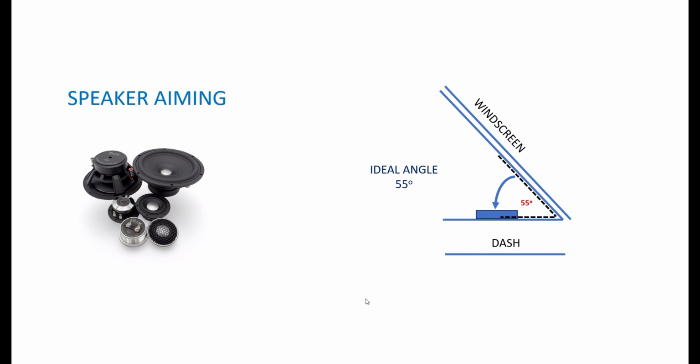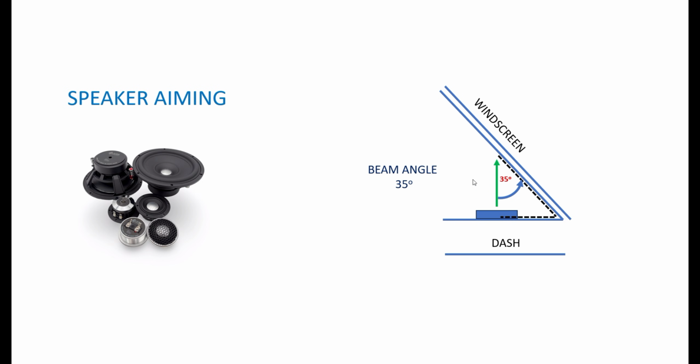Well, the ideal angle is if you look at your windscreen versus the mounting plate of the speaker, which should be flat on the dash, the ideal angle is 55 degrees. And what that means is the sound will be beaming out of the speaker, and it should be hitting the windscreen at about a 35-degree angle.